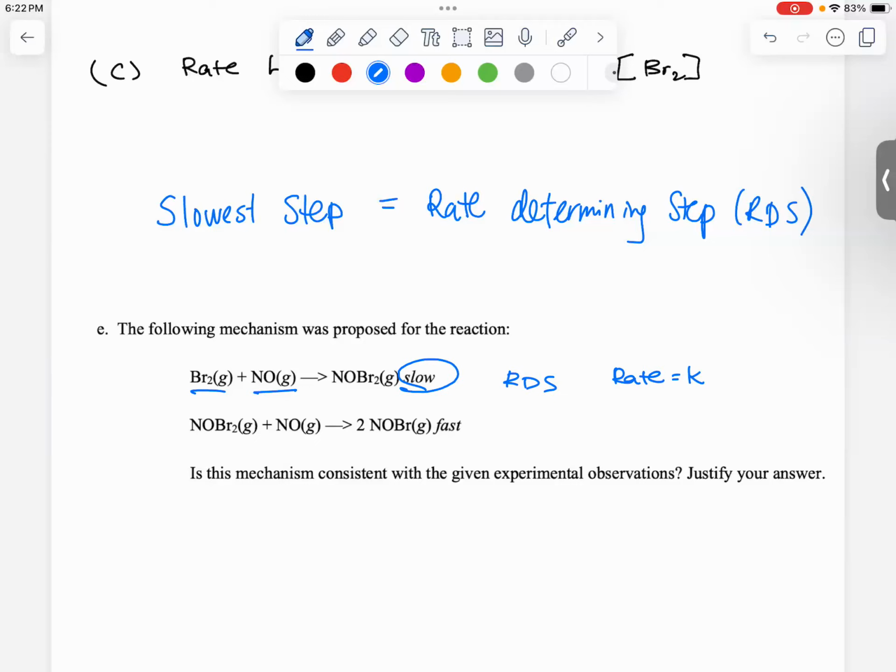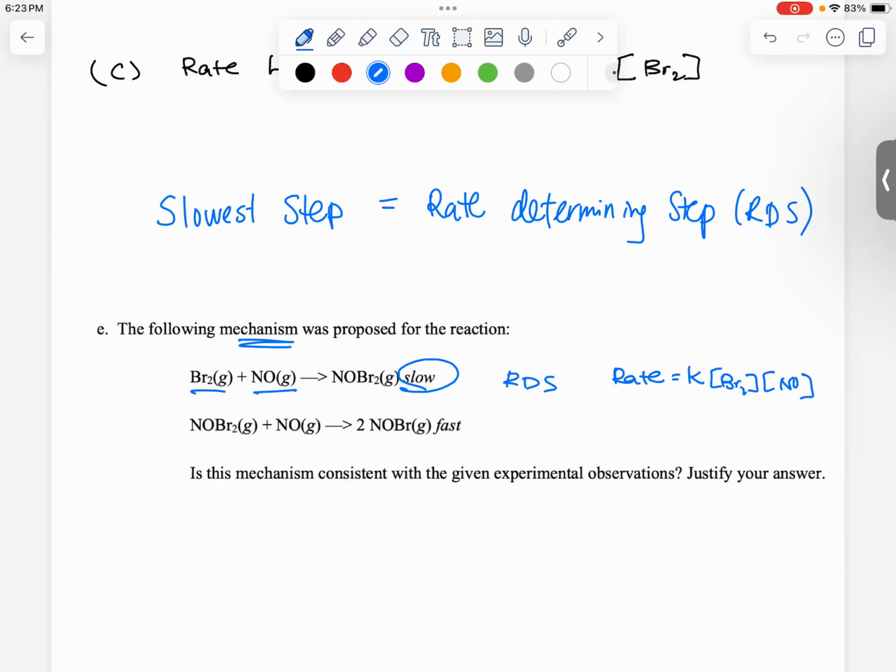You simply use the coefficients as the exponents in the rate law. It doesn't say elementary steps specifically, but here's another word that would imply these are elementary steps: mechanism. A mechanism is like a multi-step process, right? You have the cashier, you have the bagger, and that is the slow step.